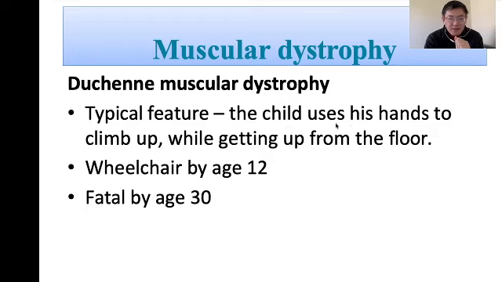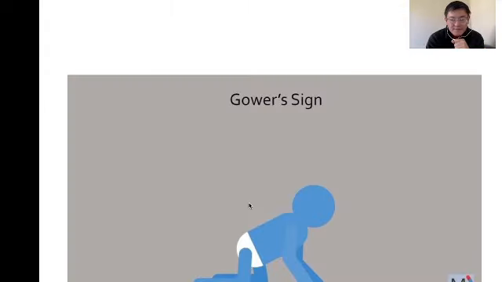That means the child needs his arms or hands to help them stand up. By age 12, the patient will lose all their leg muscle, because the legs cannot provide enough force to help them stand up, so they need a wheelchair. By age 30, they will die.